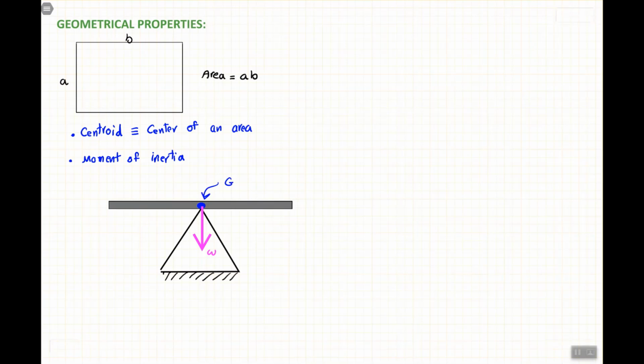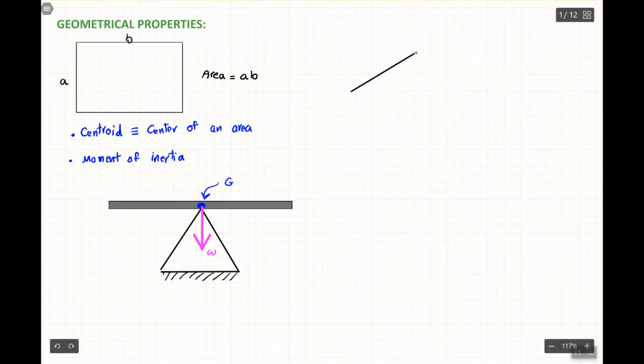But when it comes to the center of an area, because we don't have any mass, it's not really a physical property to describe it. But we can think of it like this rectangular shape that we have.